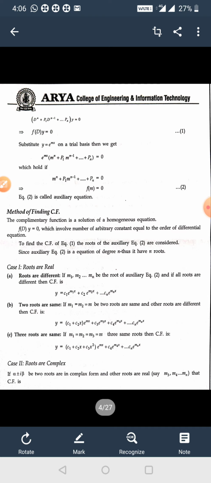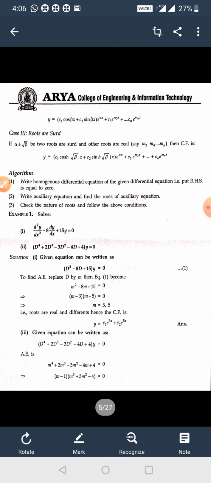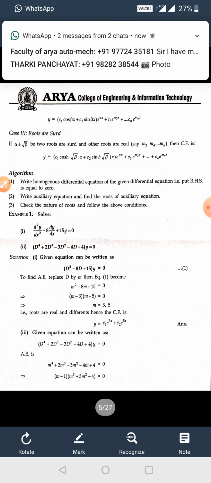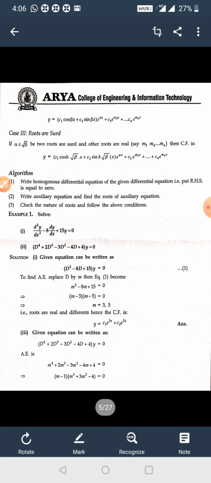If roots are complex, meaning roots in the form alpha plus i beta, then CF is given by y equals (c1 cos beta x plus c2 sin beta x) e to the power alpha x plus c3 e to the power m3x plus cn e to the power mnx.